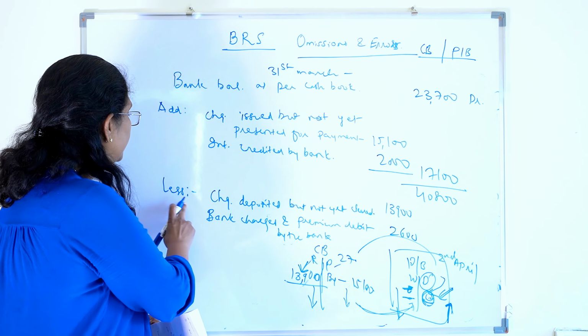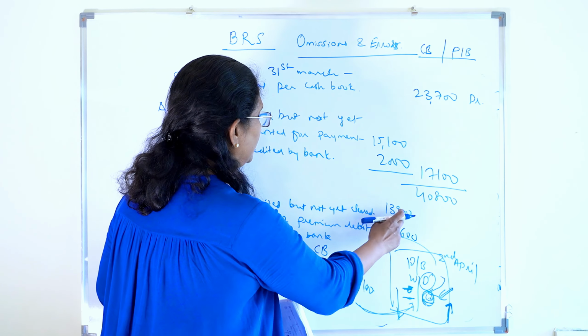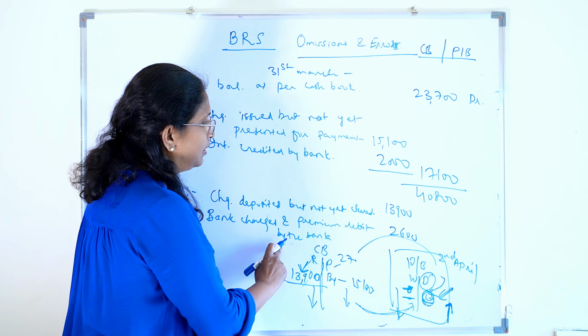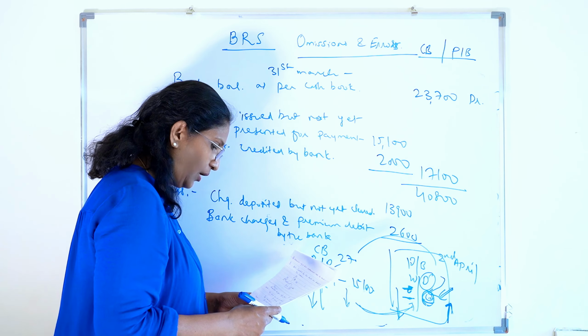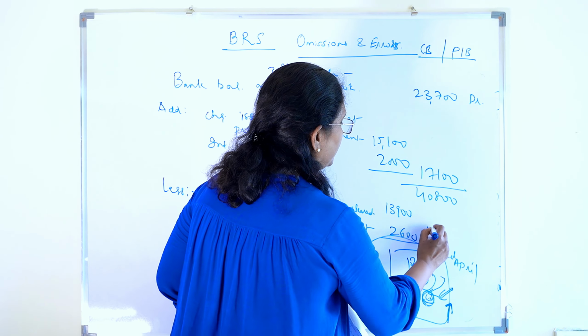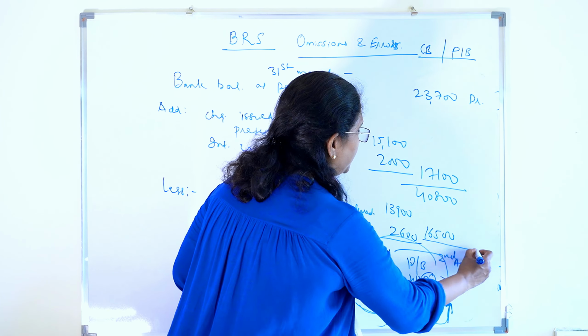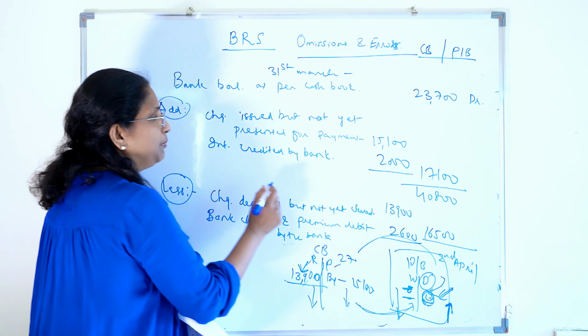When you deduct it, there are two transactions: check deposited but not yet cleared, and bank charges and premium debited by the bank, that is 2,600. This both if you add it, you will get 16,500. And both if you deduct, because you are deducting it here, remember that.